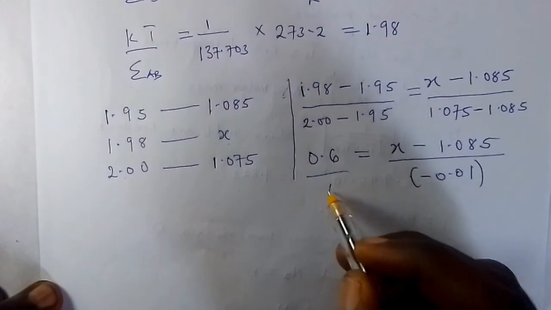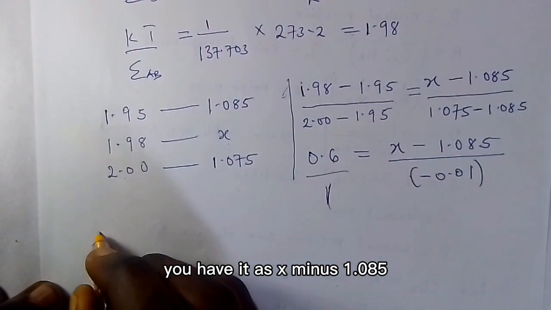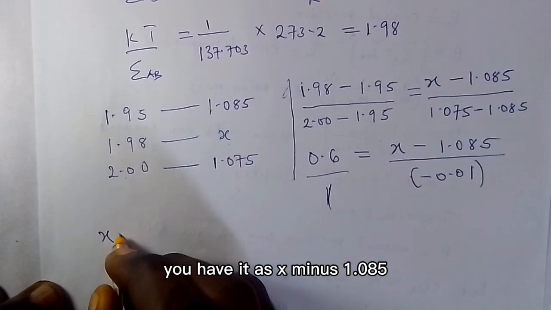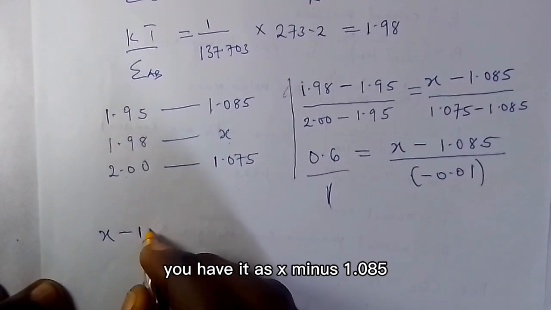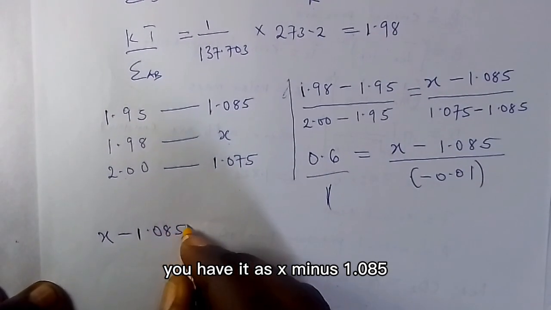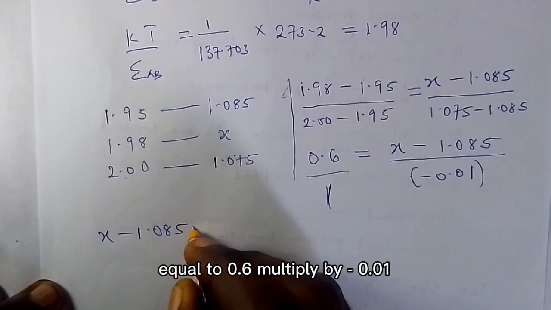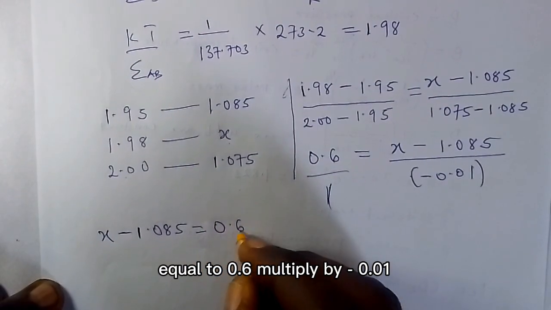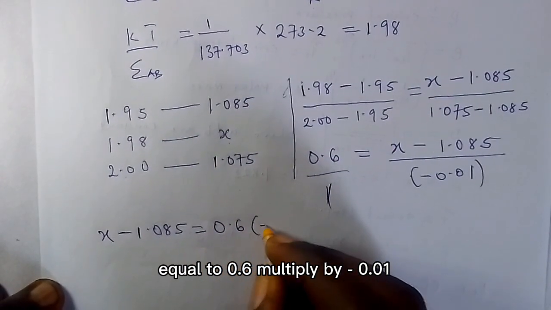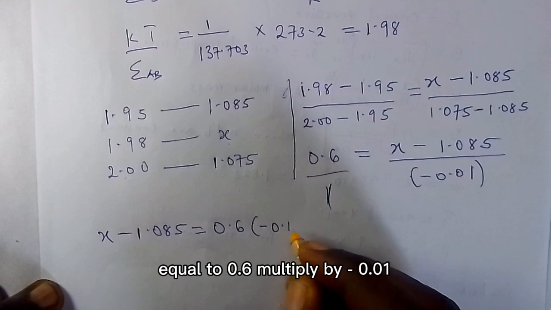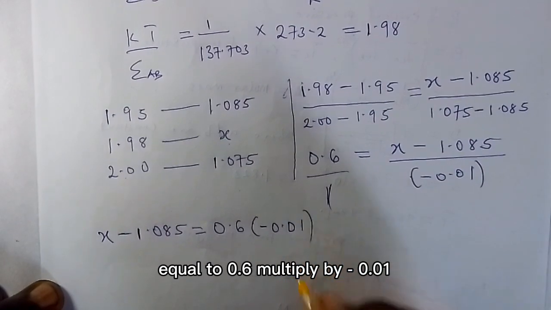cross multiply. You have it as x minus 1.085 equal to 0.6 multiplied by minus 0.01.